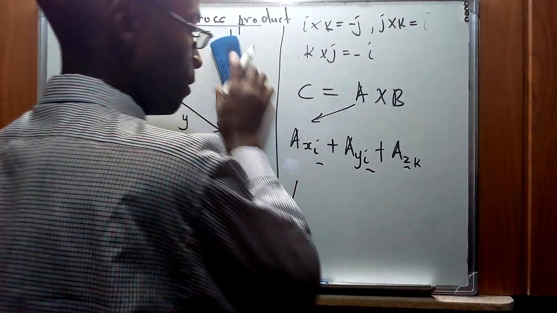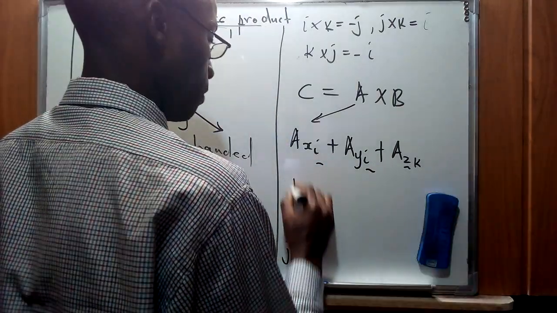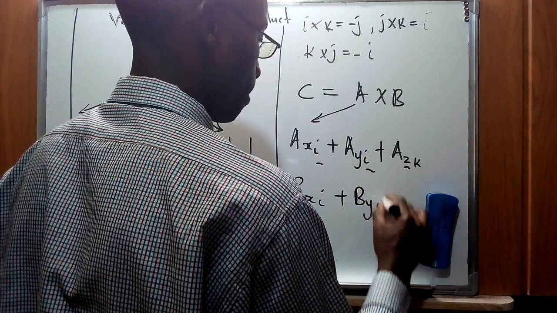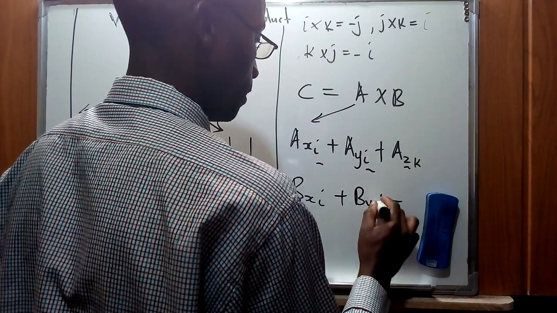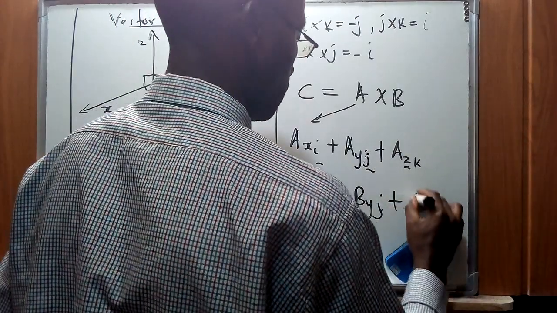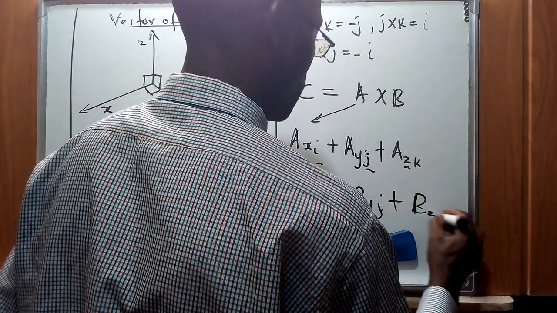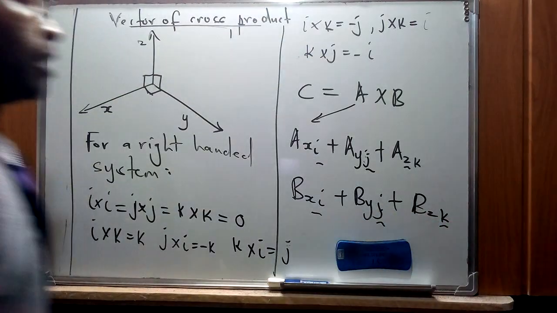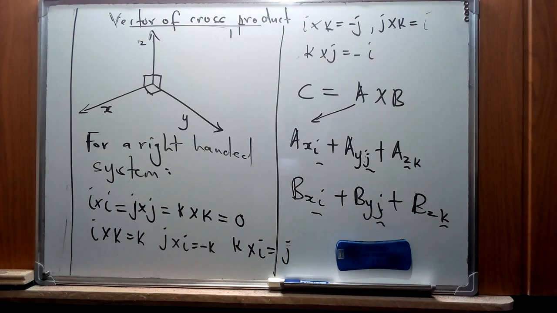And respectively for B, there are components for B. This is for the j element, and then plus Bz k respectively.